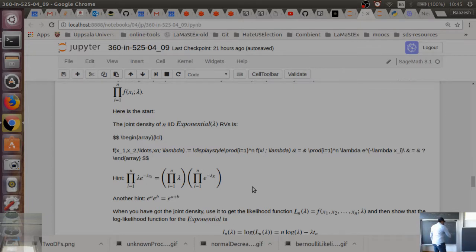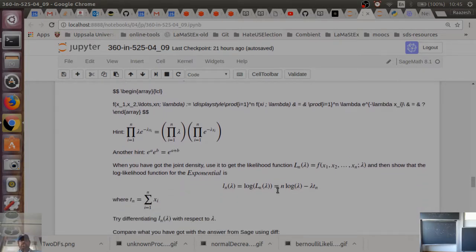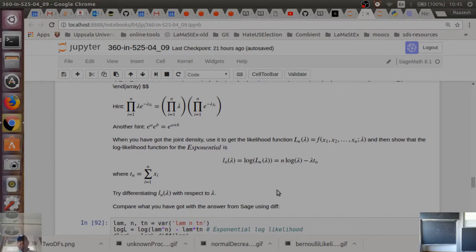You can rearrange this, and using some properties of exponentials, you get a much simpler expression: n log lambda minus lambda Tn, where Tn is just the sum of the xi's.